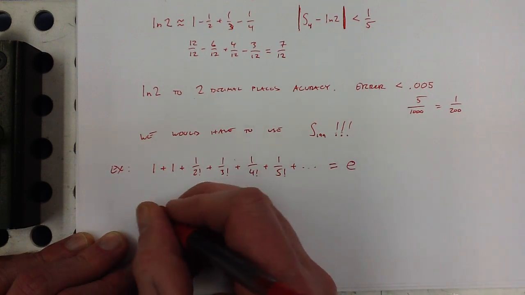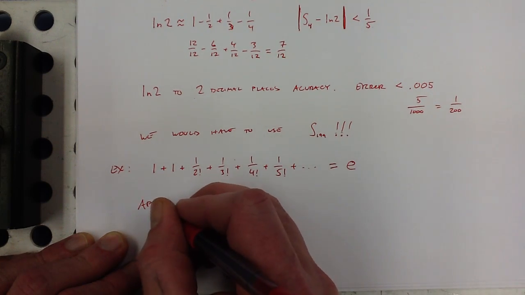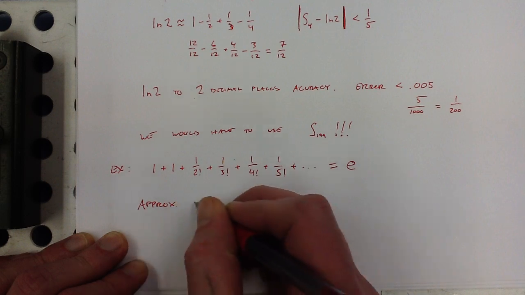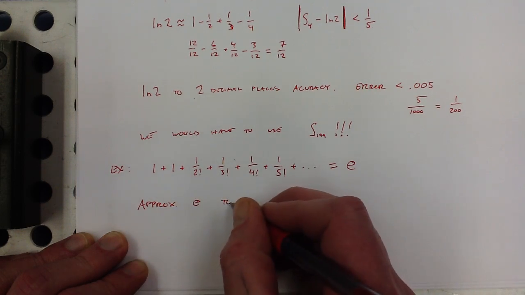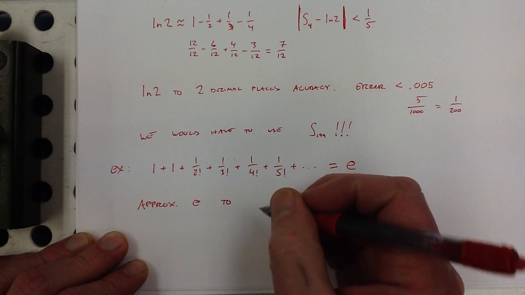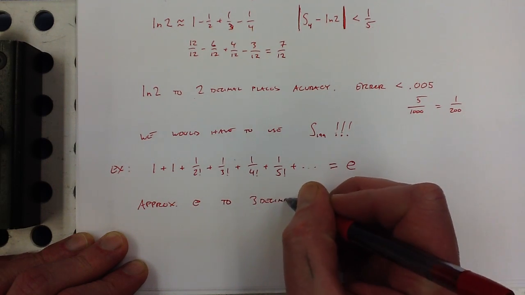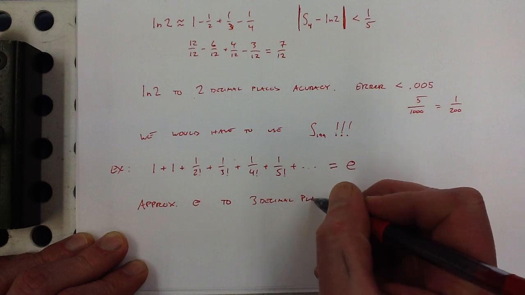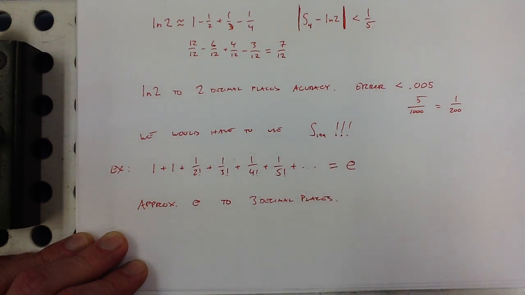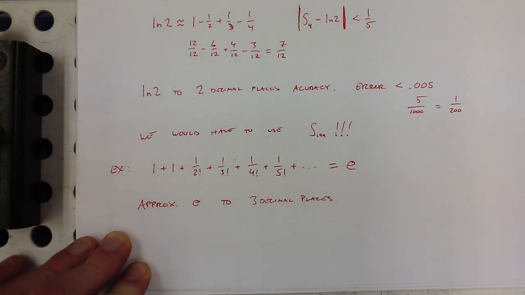So let's try to use this series to approximate E to, let's see, how about 3 decimal places? So that means we need to find the term, you know what? We can't use this one. What's wrong with this?